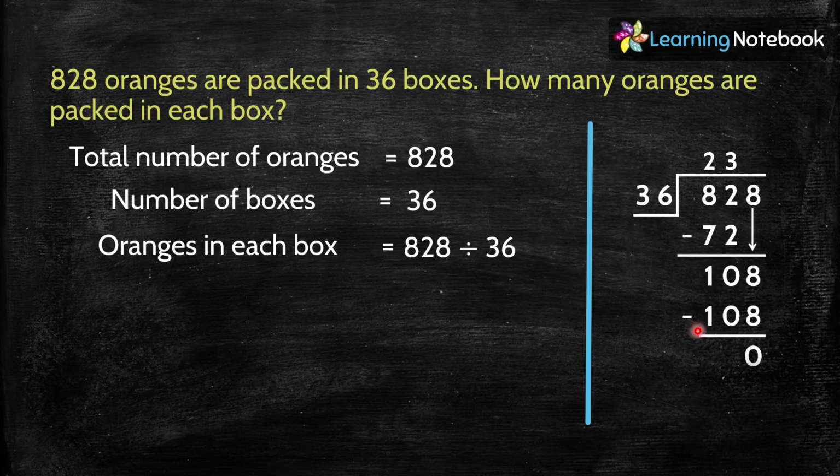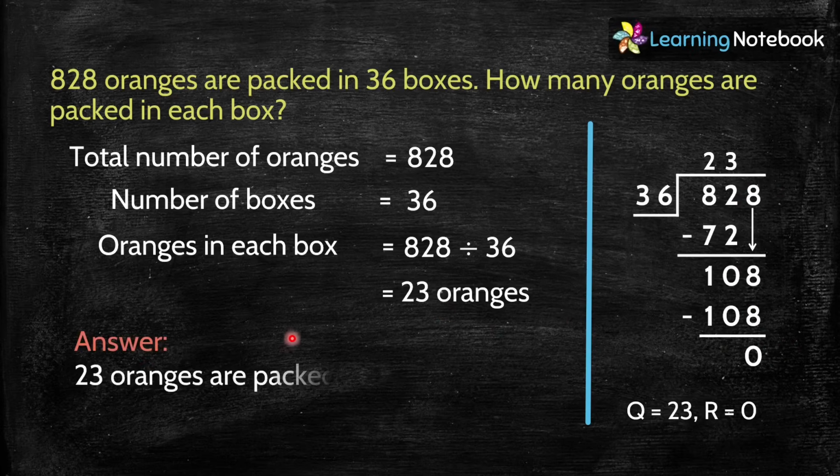We get 108 only. So 108 minus 108 equals 0. So our quotient is 23 and remainder is 0. So our answer is 23 oranges. Don't forget to write the answer statement. 23 oranges are packed in each box.